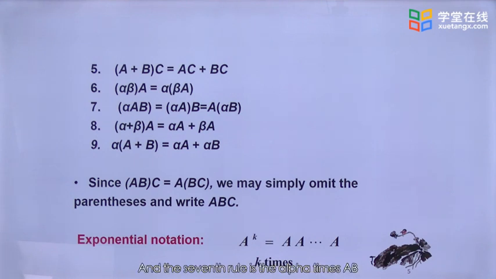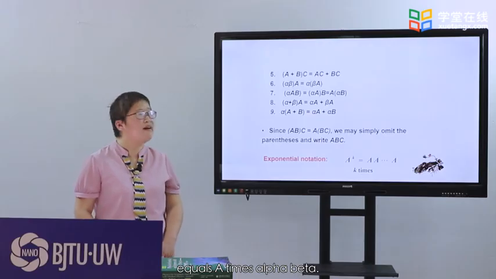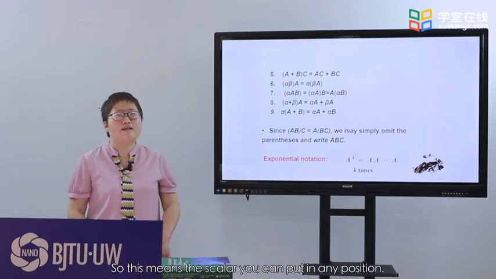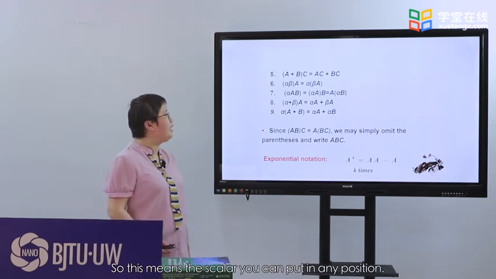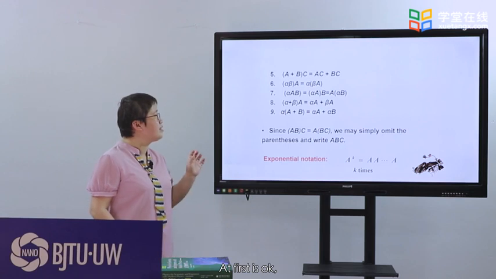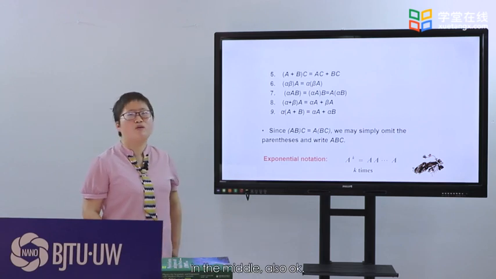And the seventh rule is alpha times AB equals alpha times A first, then times B, which equals A times alpha B. So this means the scalar alpha you can put in any position. At first is okay, in the middle also okay, right?